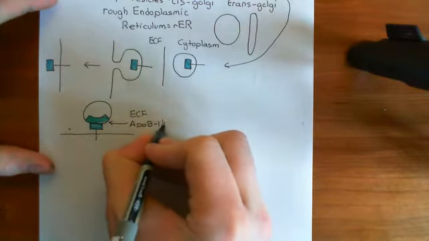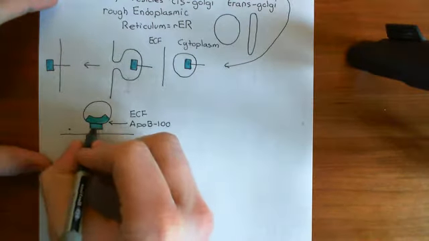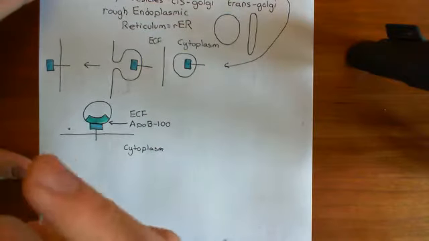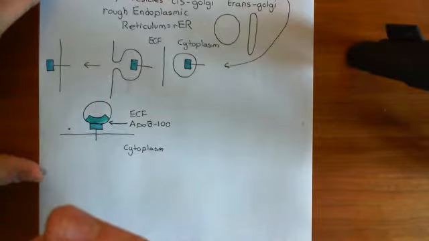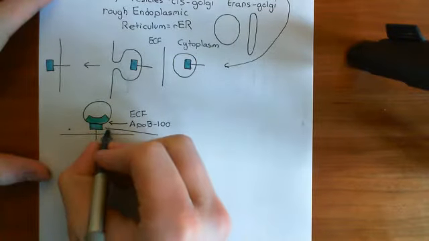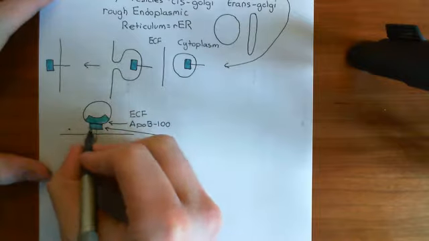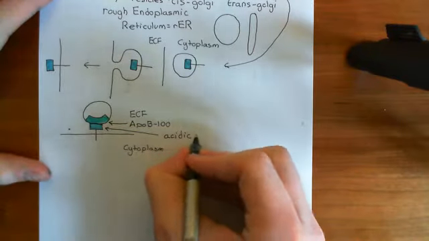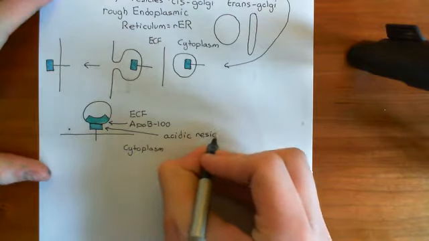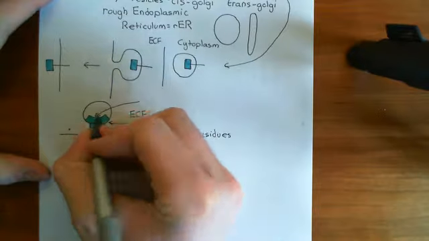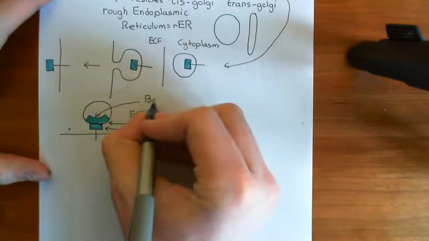Specifically, in the ligand binding domain of the LDL receptor, you have a great number of acidic residues. Let me just highlight this. Within this ligand binding domain you have acidic residues, and these are going to bind to basic residues which are present in the apolipoprotein B100.